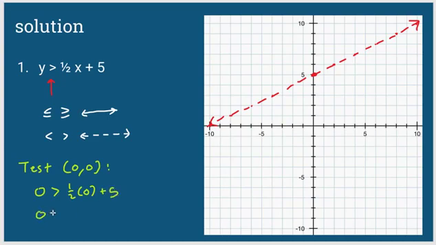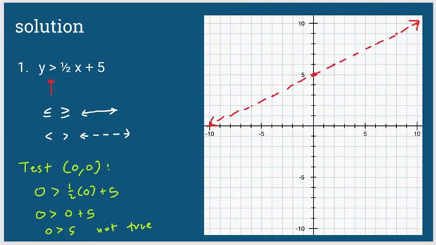So 0 is greater than 1/2 times 0, which is 0, plus 5, and that gives me 0 is greater than 5. That is not true. And so that tells me that (0, 0) is not a solution to this inequality. It should not be in the shaded section of my solution.